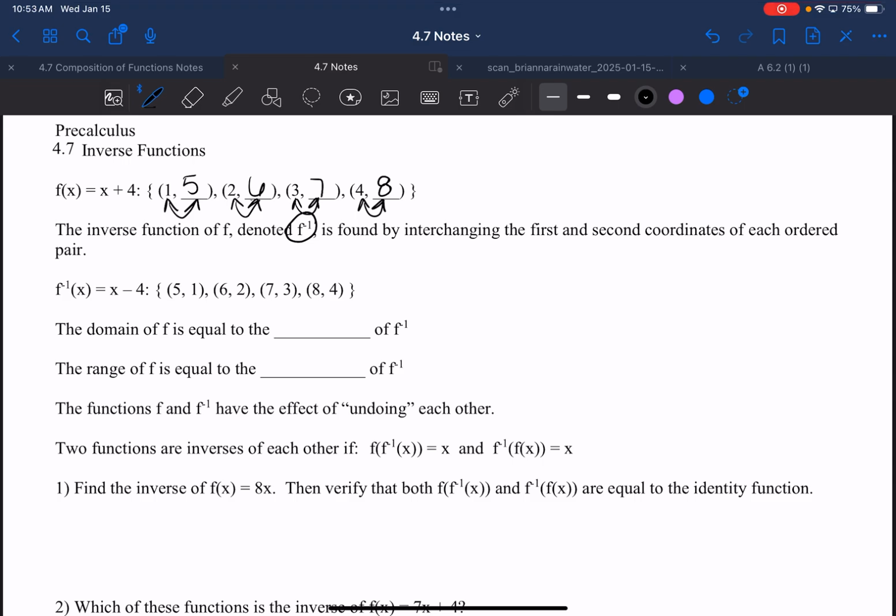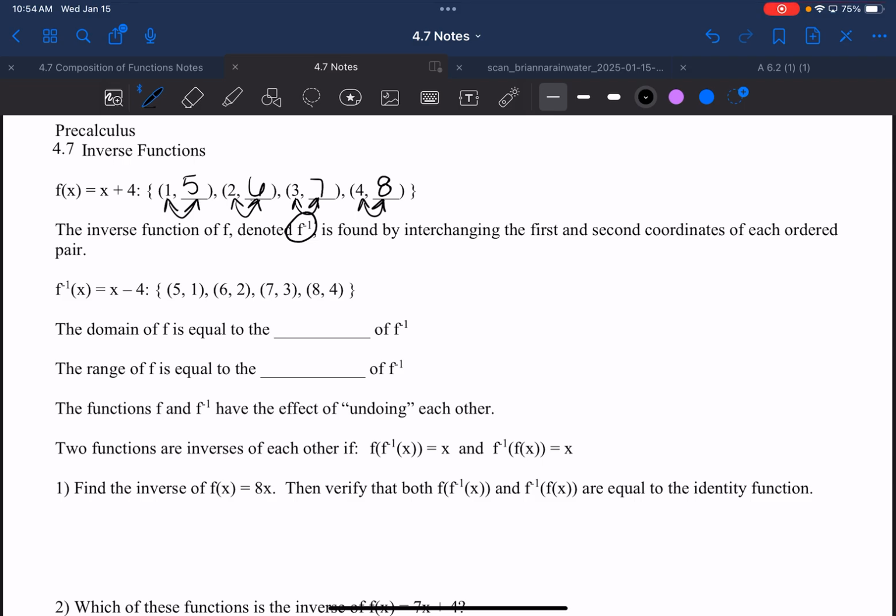Well, if I switch all of the x's with all of the y's, then what would my domain technically be now? Domain is my x's or my y's? X, okay. And we just switched the x's and y's. So I switched my domain with the range.